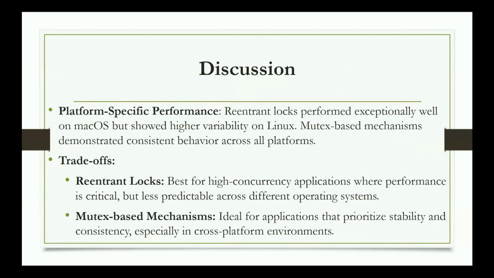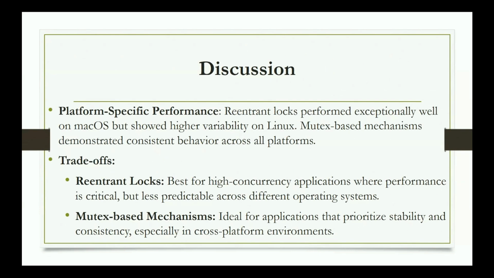So what this means is that we believe that the higher variance observed in the reentrant lock's performance may be due to platform-specific optimizations or inefficiencies in handling thread scheduling and all of that. On systems like Mac, which are known for efficient thread management, reentrant lock performed exceptionally well.